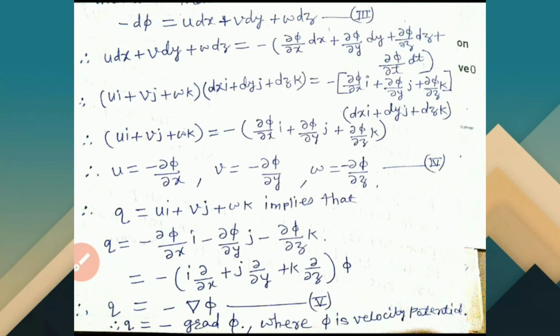So we multiply this equation on both sides by dxi plus dyj plus dzk.